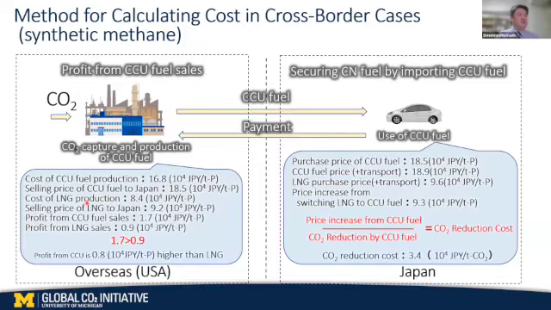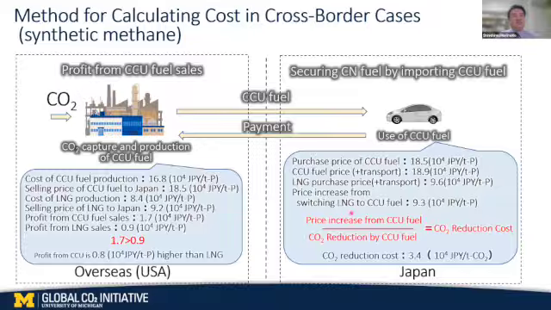And if you compare the cost of LNG, it's 8.4, and the selling price with the same 10% margin is 9.2. There will be a profit for the US from changing from LNG to CCU, for this amount. But for Japan, there is a CO2 reduction, but there will be no profit, since we have to buy fuels at a high price.